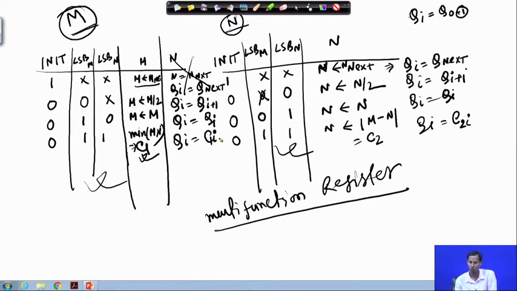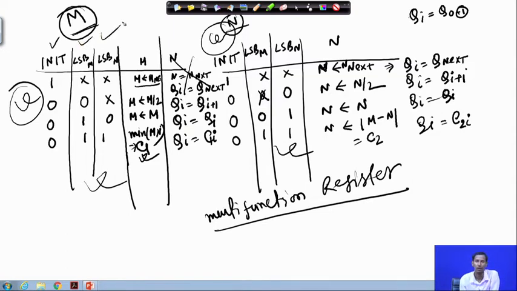Okay. So, now I have to implement this particular logic using hardware. So, what will be the hardware for this? You see there are 3 control signals, but it is not that each of the corresponding values matters. Here, how many operations am I having?